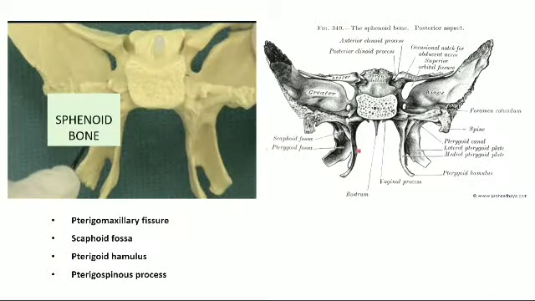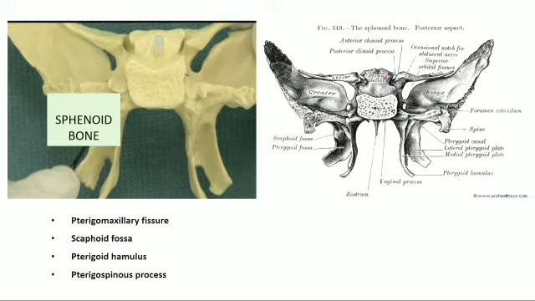Let us learn the features of the pterygoid process and the pterygoid plates with the help of these diagrams. So identify the sphenoid bone. This is the body of the sphenoid bone, and on either side these two parts are the greater wings, and above you have a smaller wing called the lesser wing.